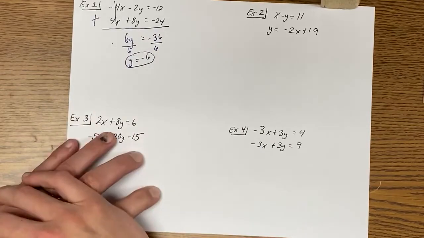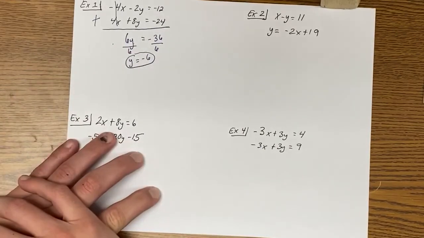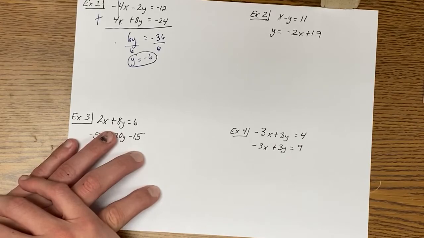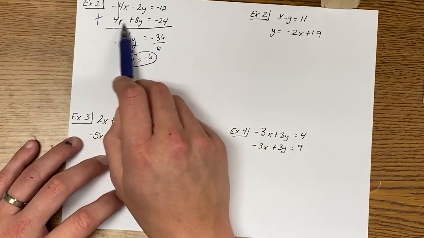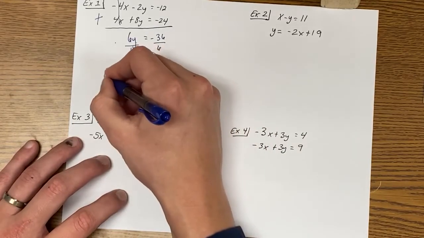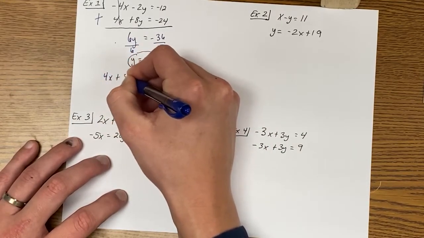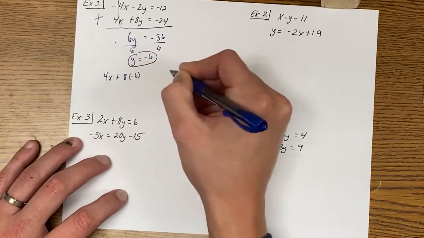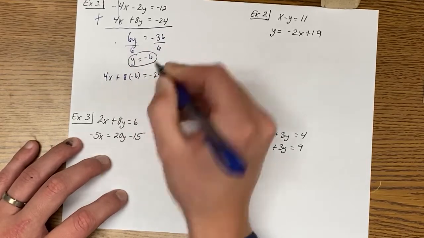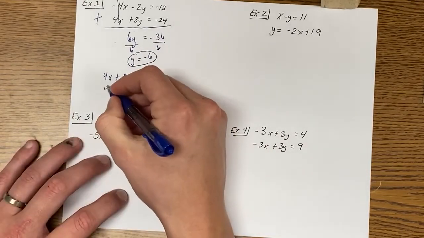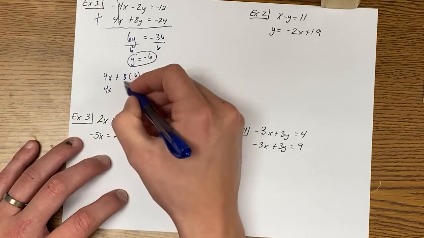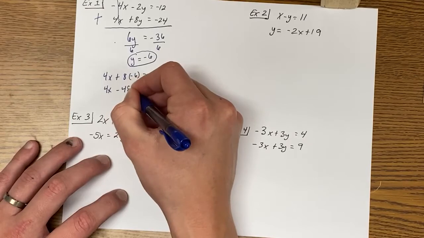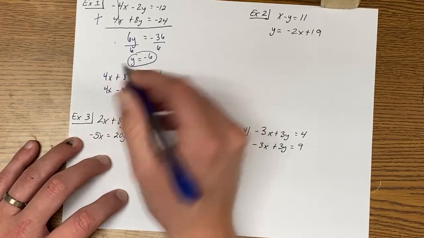So now I take y equals negative 6 and I plug it back in to either one of my equations to solve for x. Let's say I'm going to use the second equation. It doesn't matter which one you use. 4x plus 8 times negative 6 equals negative 24. So I get 4x plus, this would be negative 48, 8 times negative 6. So I could say minus 48 equals negative 24.